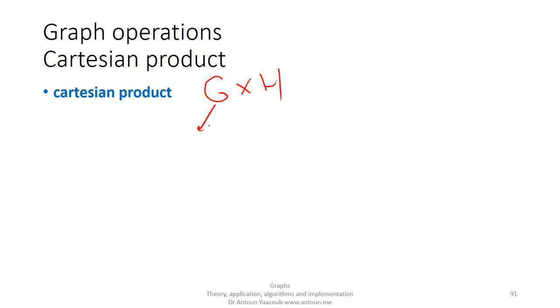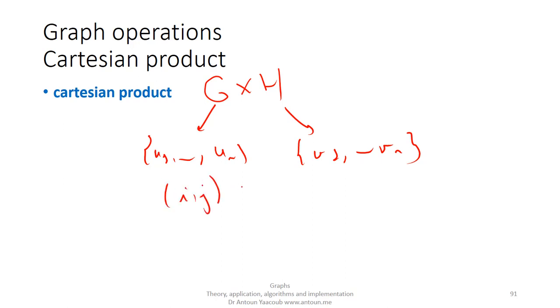Let's say we have the set of vertices u1 to um for G, and v1 to vn for H. I will take all the combinations ij, such that i is between 1 and m and j is between 1 and n. So we see that we have a very big number of vertices.